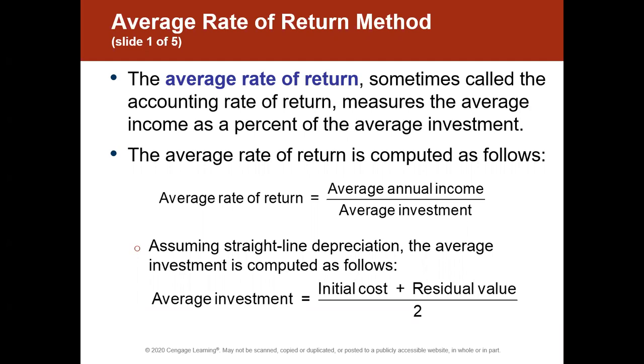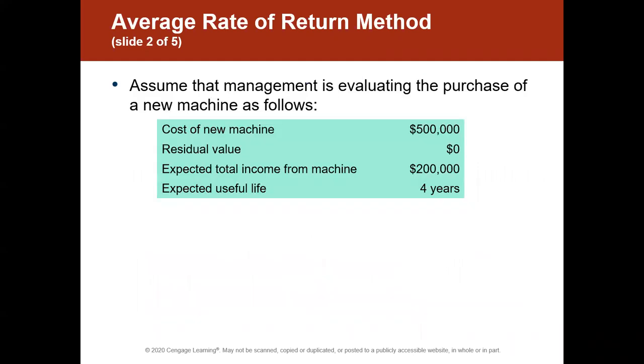Oh, that's all the way back to accounting one, right? Residual value divided by 2. So if I buy something for $100,000 and I think it'll be worth $10,000 when I sell it, I'm just going to take 100,000 plus 10,000 divided by 2, and that's going to be $55,000 average investment.